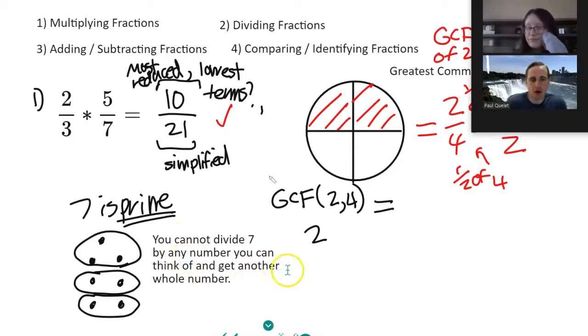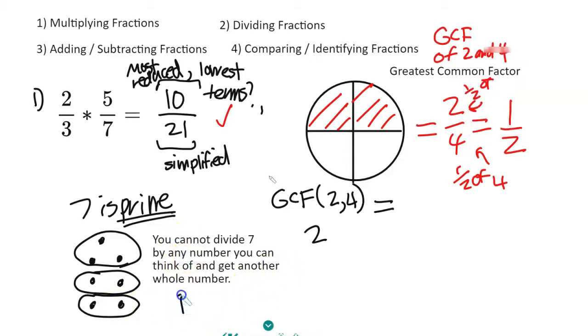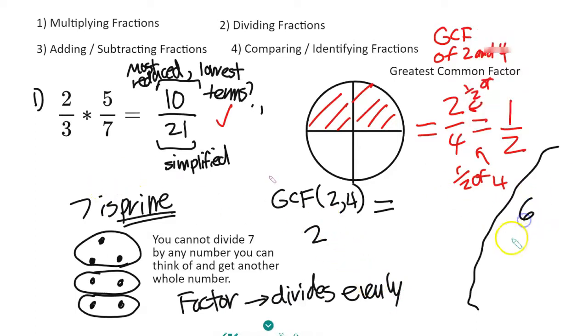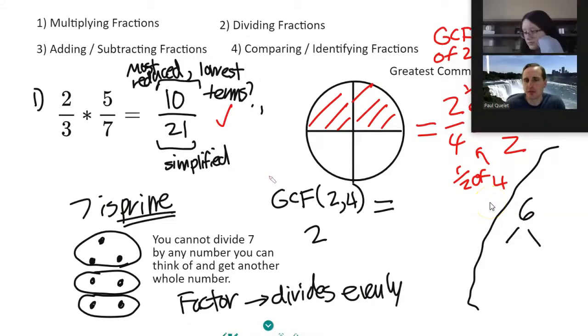When something is a factor, that means it divides evenly. Let's take the number 6. Aside from itself and 1, which every number has, take the number 17. 17 is prime as well. 1 times 17 is still 17, but no other number goes into it. But 6 has 2 other factors, because 6 is not prime.